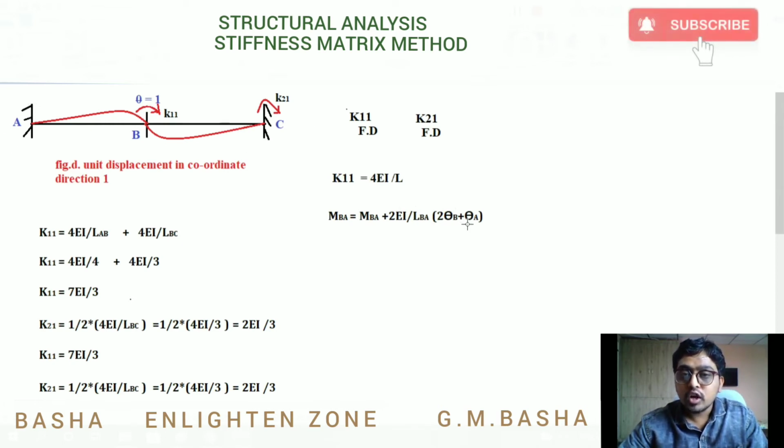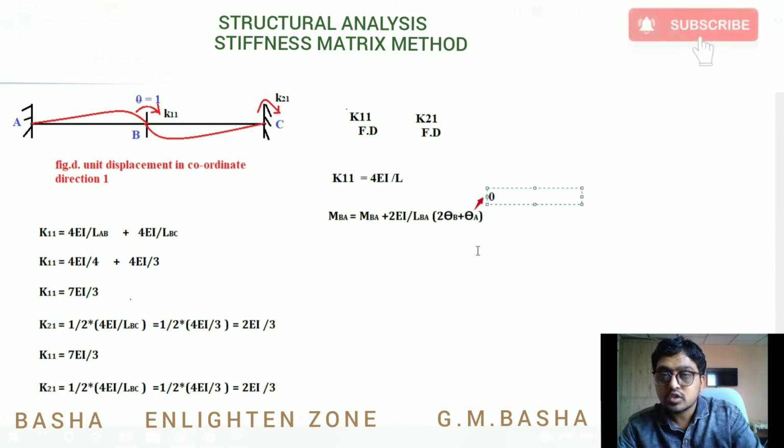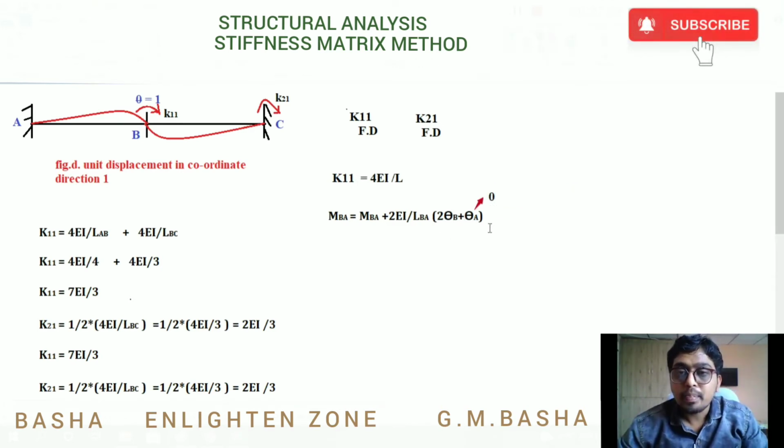So therefore theta A will be equal to 0. Our slope at the fixed end will be equal to 0.